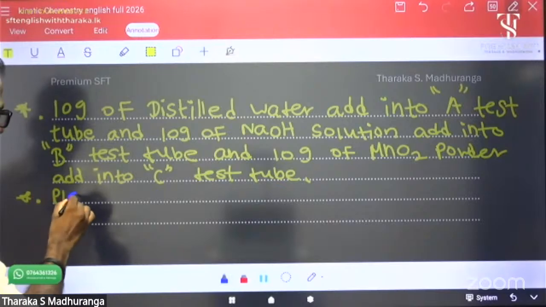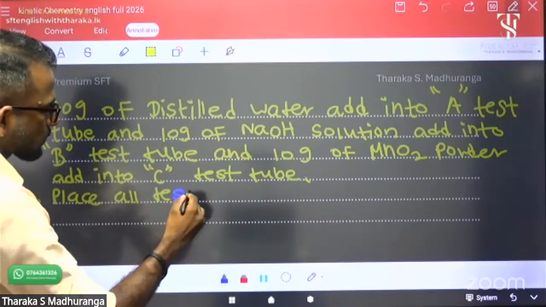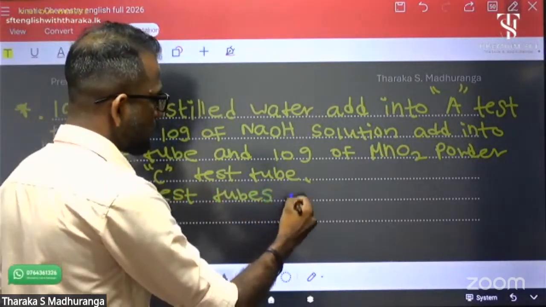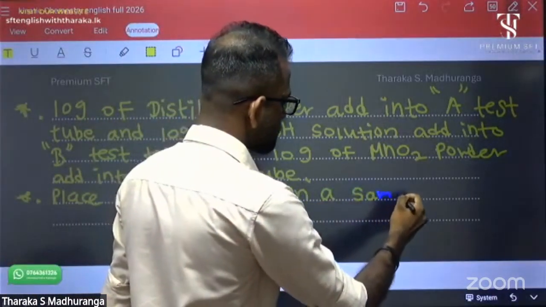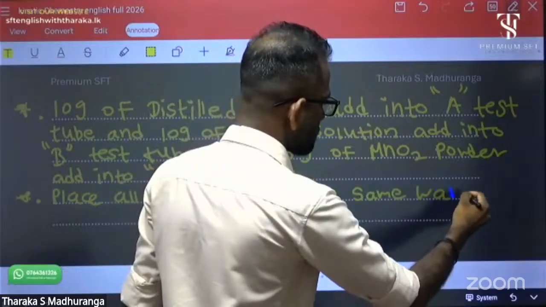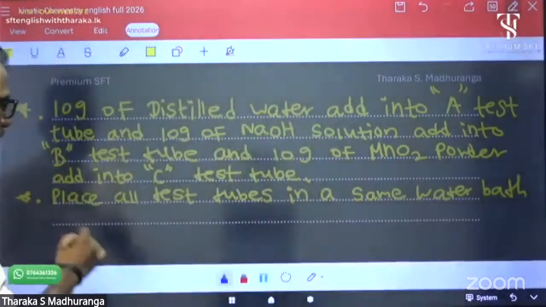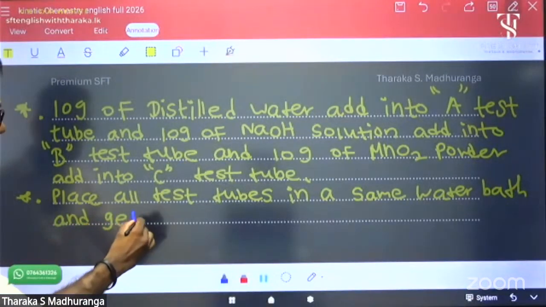Place all test tubes in the same water bath and get the observation.